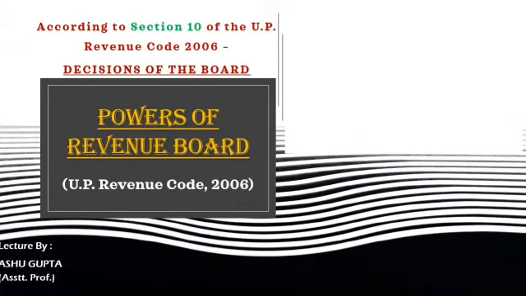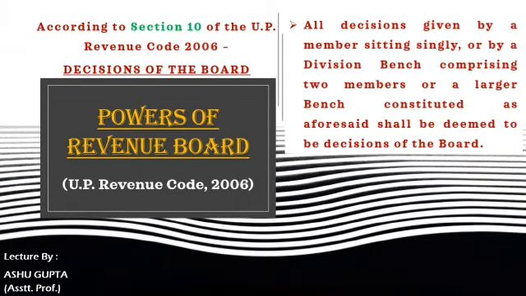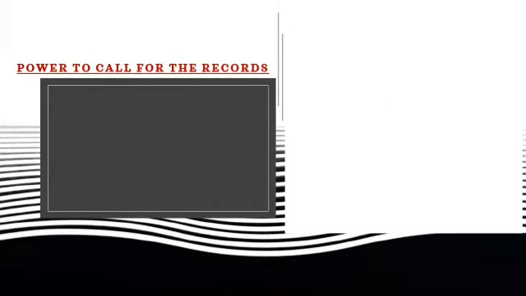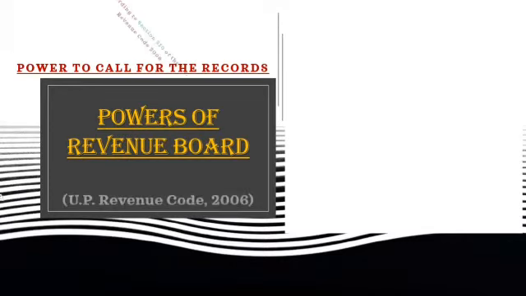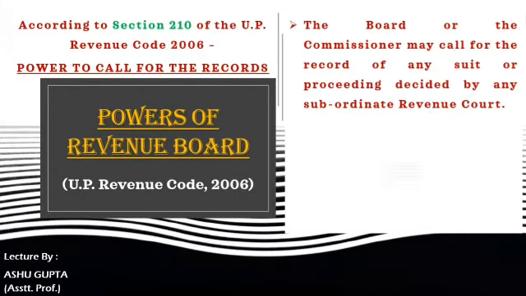And all decisions given by a member sitting singly or by a division bench comprising 2 members or a larger bench constituted as stated shall be deemed to be decisions of the board. और ऐसे डिसीजन को फाइनली जैसे पहले भी बताया था डिक्री ऑर्डर्स के तौर पर फॉलो किया जाएगा.